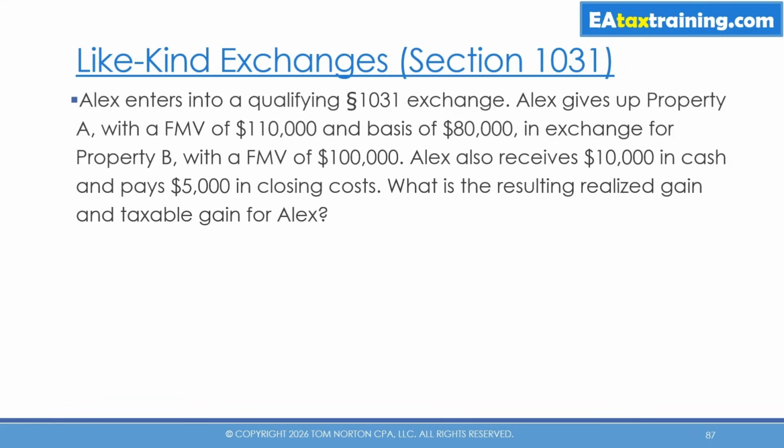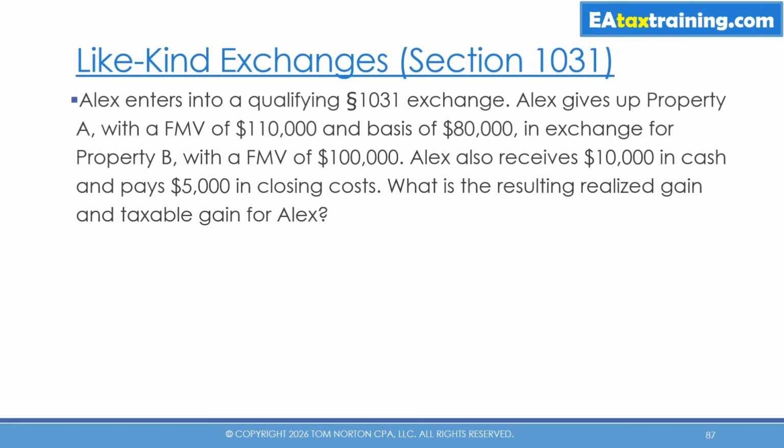Alex enters into a qualifying 1031 exchange. He gives up property A with a fair market value of $110,000 and a basis of $80,000 in exchange for property B with a fair market value of $100,000. Alex also receives $10,000 in cash and pays $5,000 in closing costs.